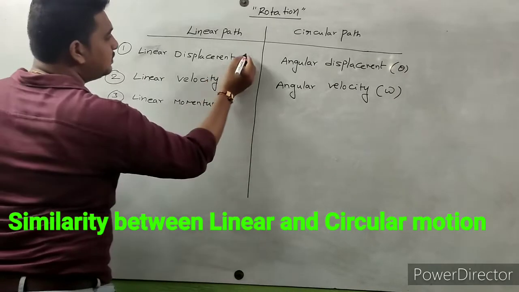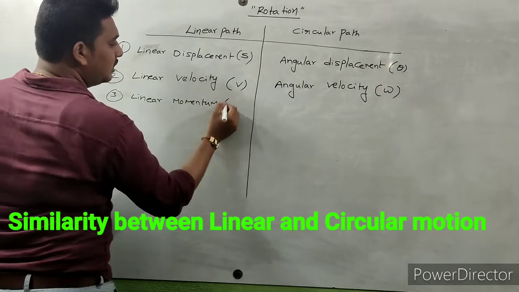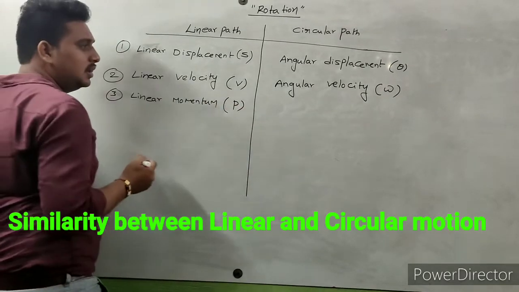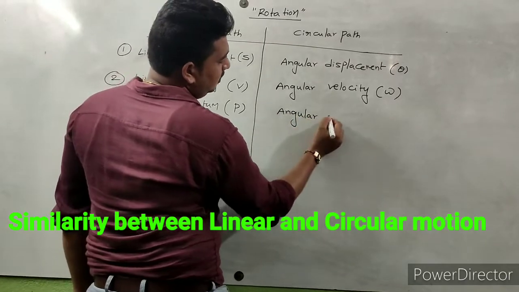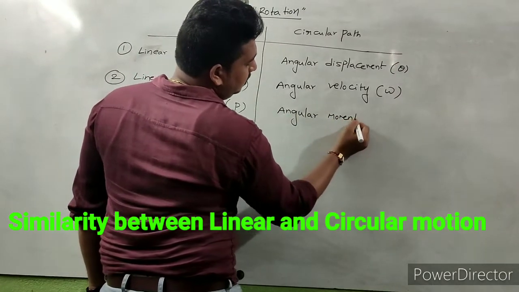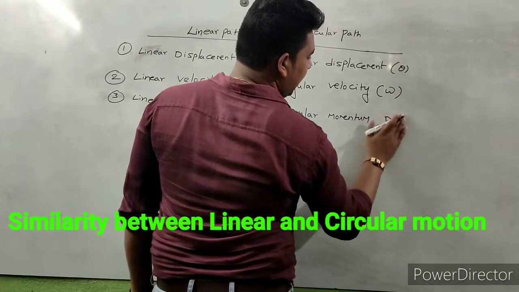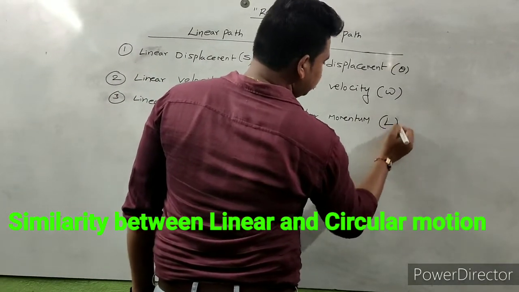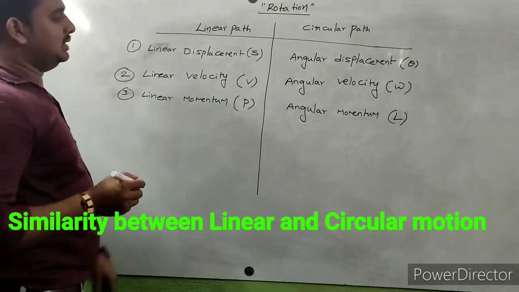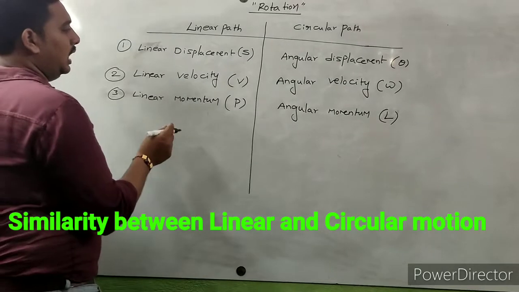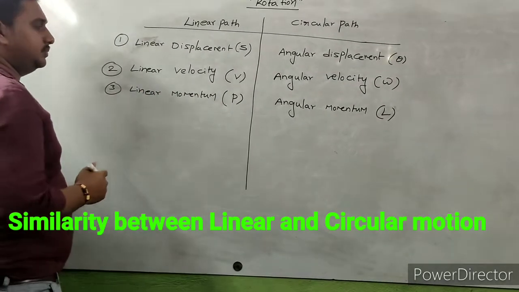Linear displacement is indicated with S, linear velocity with V, and linear momentum with P. Here, angular momentum, which is indicated with L.